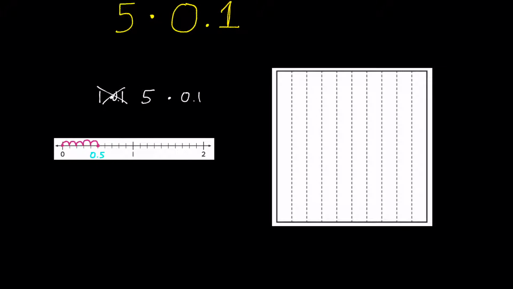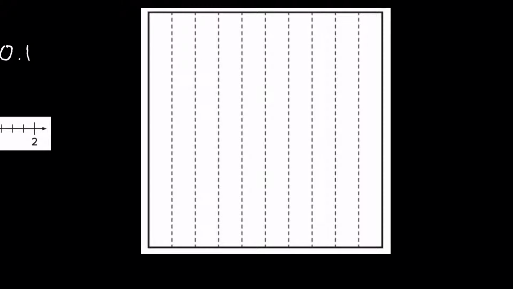And now let's focus on our grid. If we're going to show the exact same model, we need to use the exact same problem. So here it is again, 5 times 1/10. And you have to ask yourself, how do I show 1/10 in this grid? Think back to the beginning of the video when I talked about the grid, and remember that this grid is cut up into 10 sections.